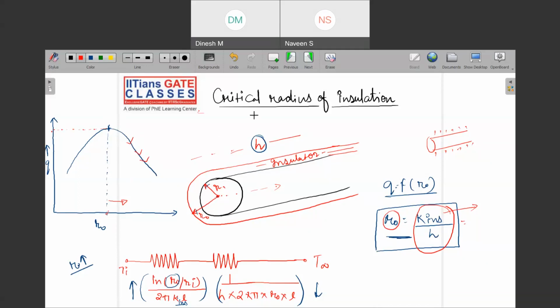So this helps you understand that there is one R naught corresponding to which Q is maximum. Got the idea? So this is that Q max, and this R naught I can say is the critical. I hope you understand.